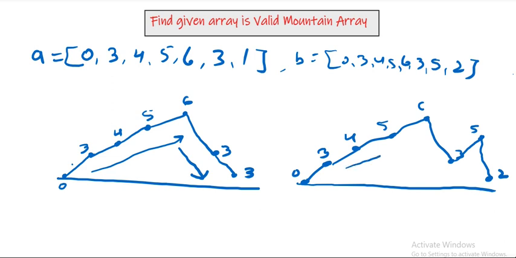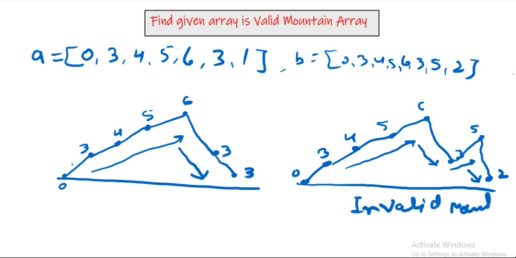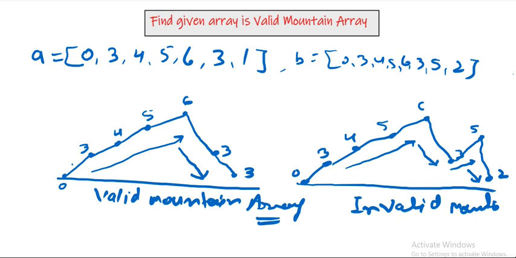So it's increasing and then decreasing, and then increasing and then decreasing. So this is an invalid mountain, and the earlier one is a valid mountain. We need to find whether the elements of the array form a valid mountain or not.